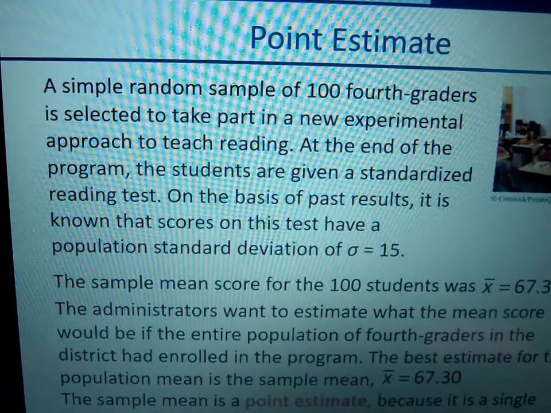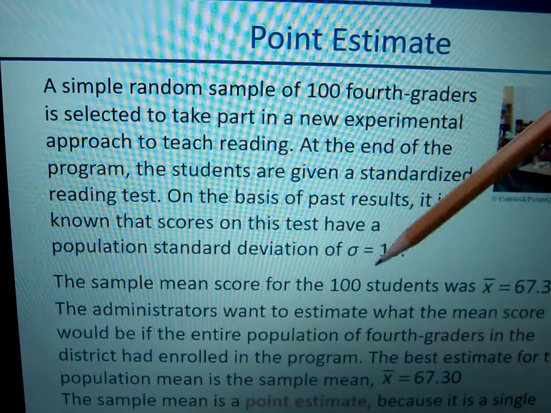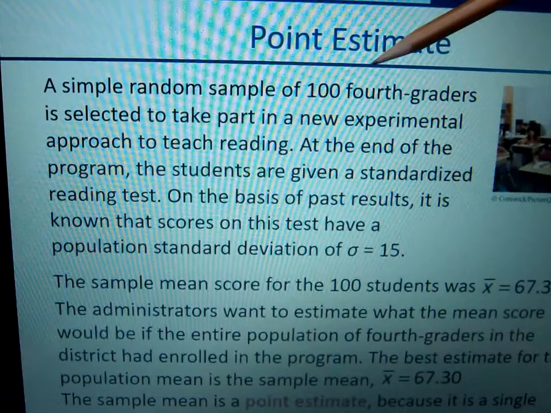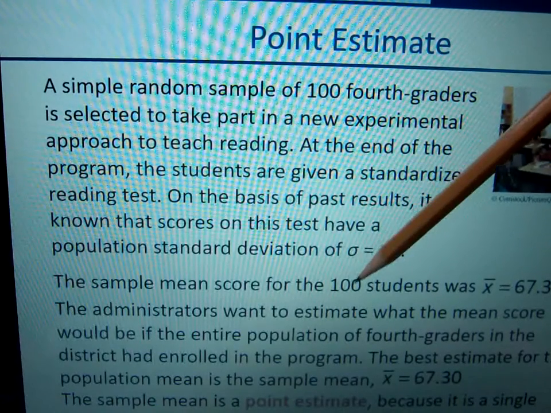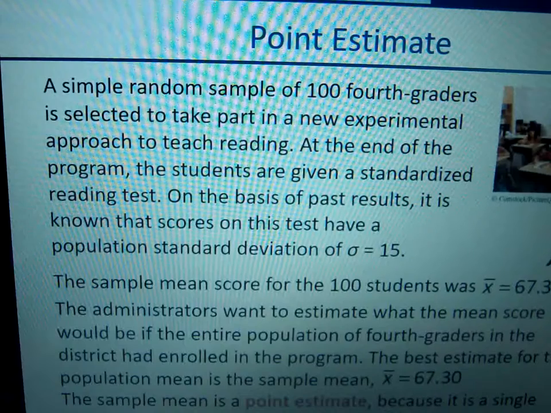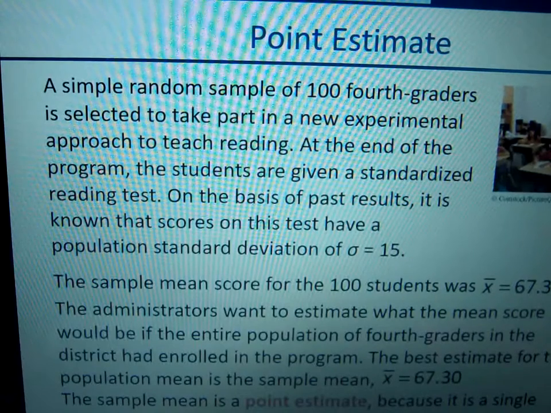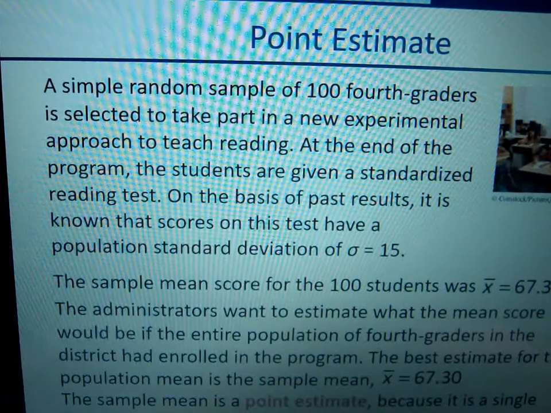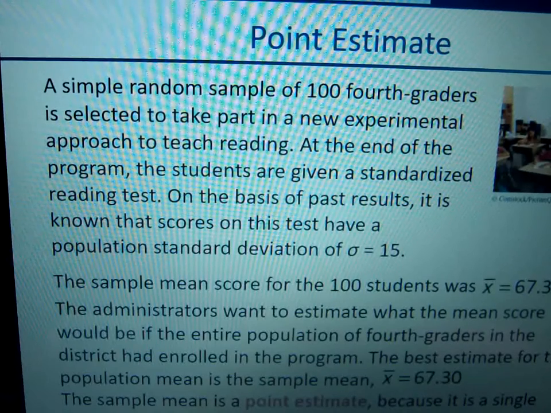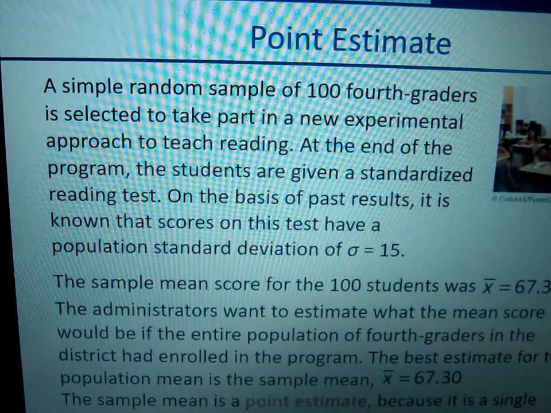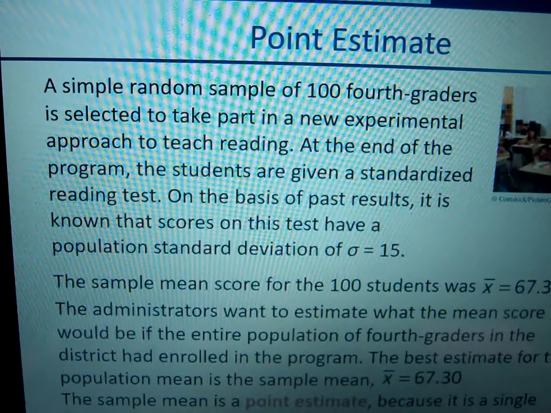So the sample mean score for the 100 students, when they pulled the simple random sample, was 67.30. Now the administrators want to estimate what the mean score would be if the entire population of fourth graders in the district had enrolled in the program.